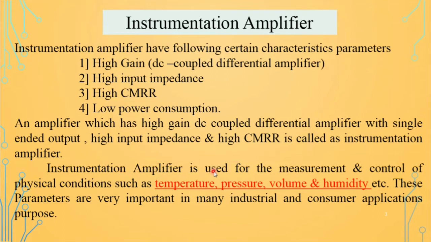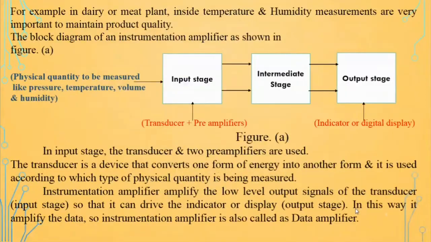So instrumentation amplifier is used to measure and control physical conditions such as temperature, pressure, volume, humidity, etc. These parameters are very important in industries and for consumer applications.